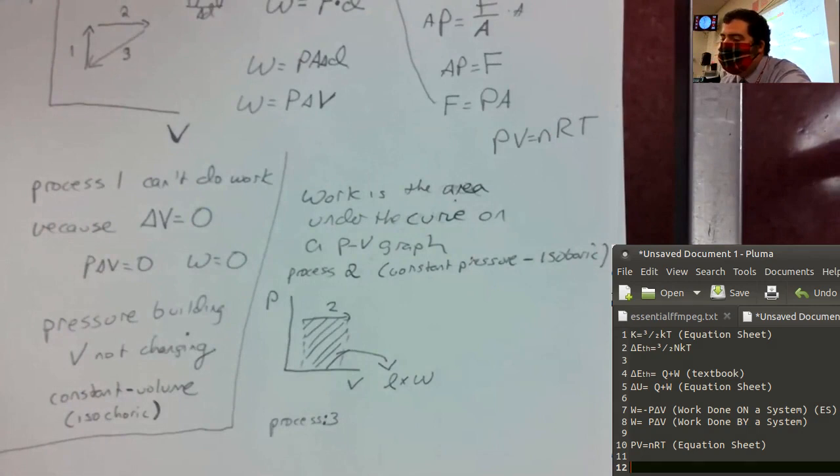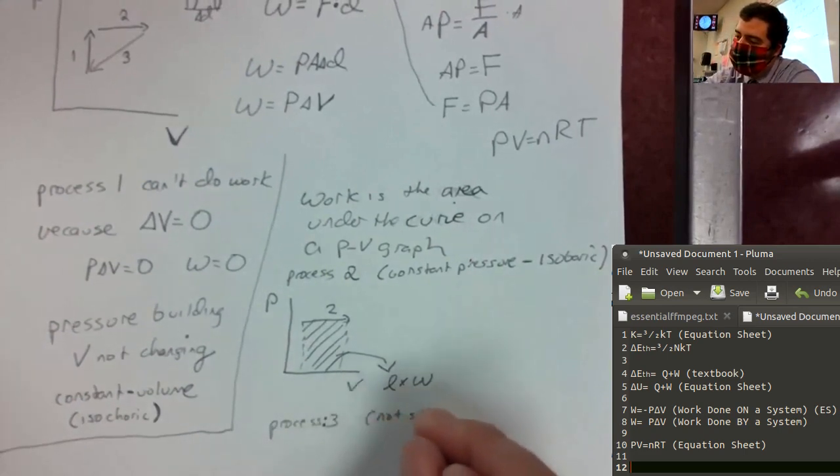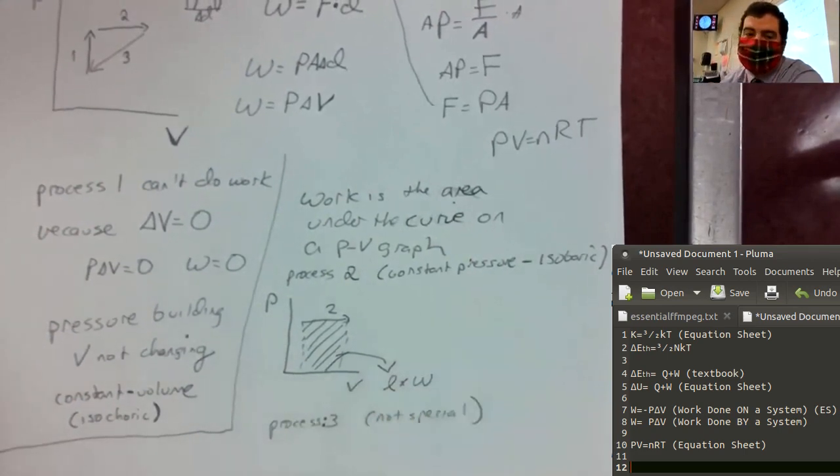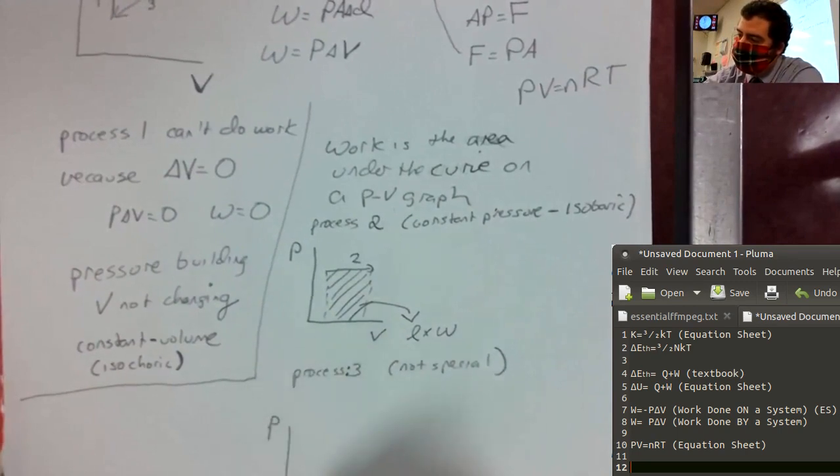But the reason we're using a linear process 3 in this case is without involving calculus in here, we can't deal with any sort of complicated geometry. So process 3, not special. Sorry, process 3. It also has an area under the curve for finding the work it does.